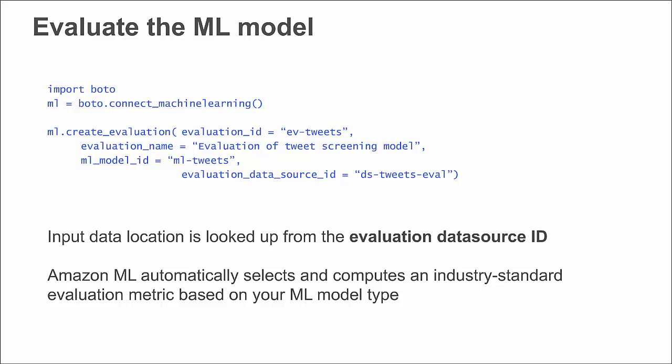There are well-accepted metrics for different kinds of models, and Amazon Machine Learning has a different metric built in for the 3 different kinds of tasks that we support, whether it's binary classification, multi-class classification, or regression. So what we did here is we simply request an evaluation, and Amazon Machine Learning will know what kind of metric to compute based on the model type.